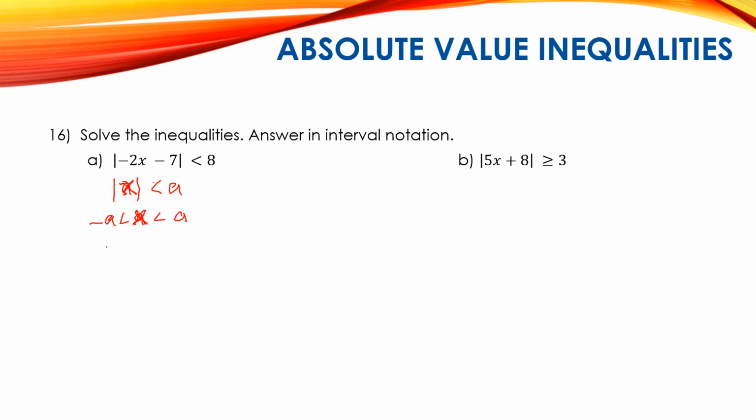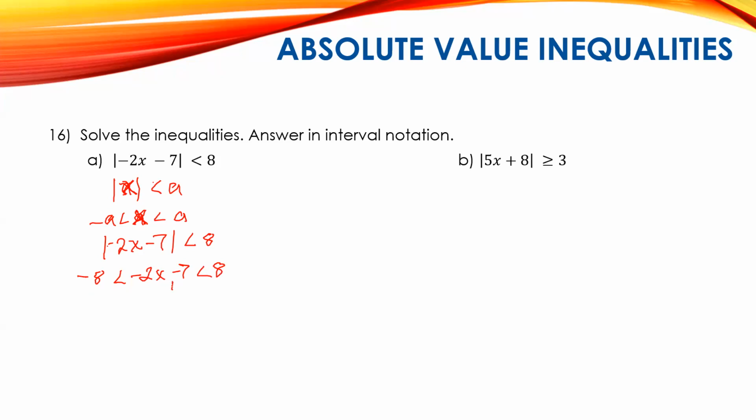In this one, I have the absolute value of negative 2x minus 7 less than 8. I can say negative 8 is less than the inside, negative 2x minus 7, which is less than 8.